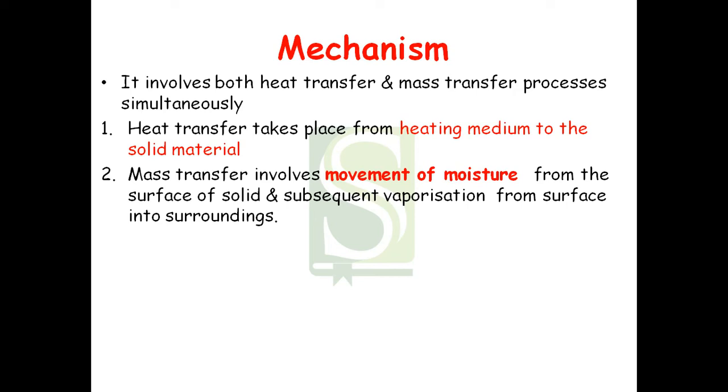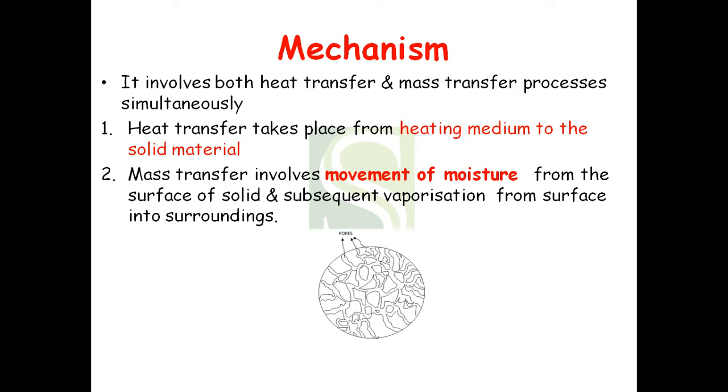Why? Because there is movement of the moisture from the voids to the surface and into the atmosphere after vaporization. If you look at this diagram, suppose this is a granule. It is not a perfect solid because it contains many voids and cracks inside it, which are termed pores.